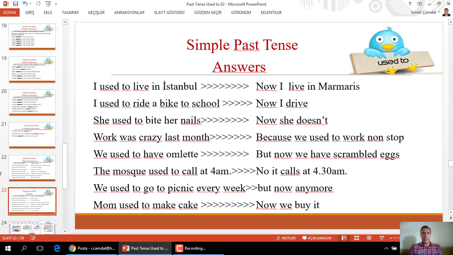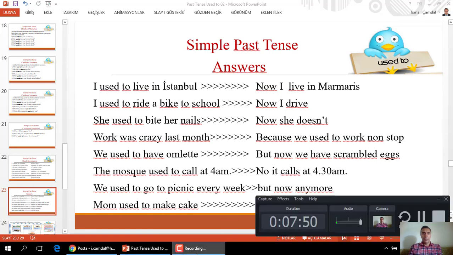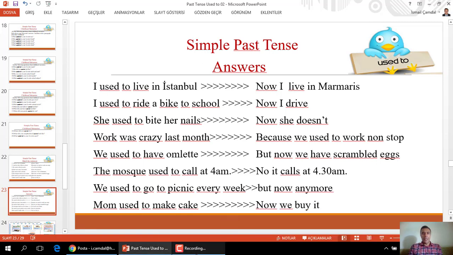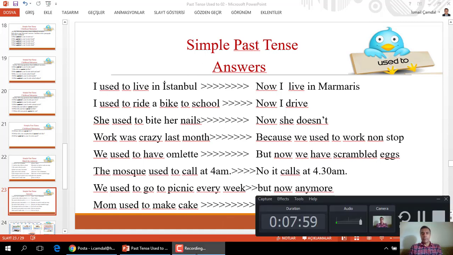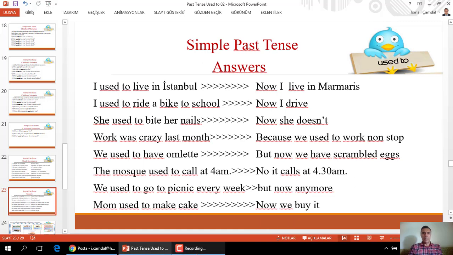We used to have omelette, but now we have scrambled eggs. The mosque used to call at 4 a.m. Now it calls at 4:30 a.m. We used to go on a picnic every week, but not anymore. Mom used to make cake. Now we buy it.